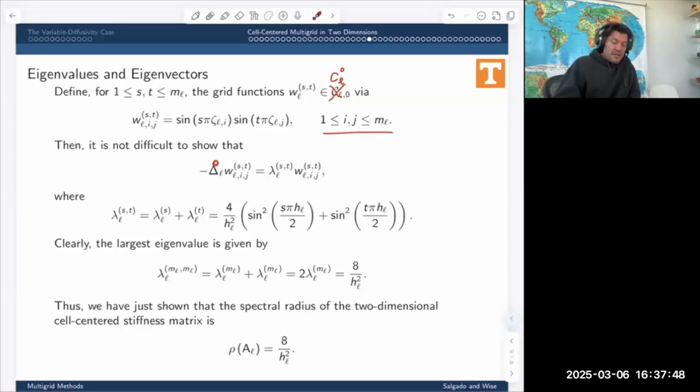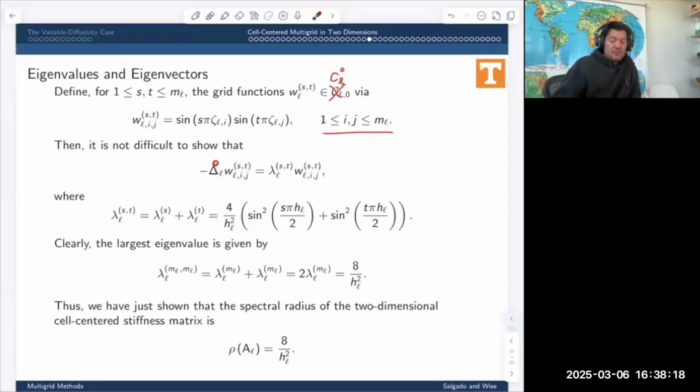So the largest eigenvalue is lambda L ML plus lambda L ML, which gives 2 times lambda L ML. The largest eigenvalue we showed previously in the one-dimensional case was 4 over HL squared. So that's why our largest eigenvalue in 2D is going to be 8 over HL squared.